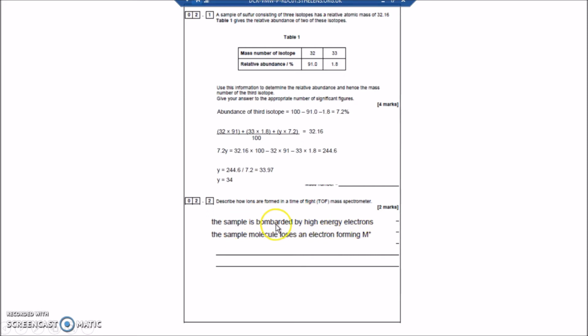So you hit the atoms in the sample with high energy electrons fired from an electron gun, and then the sample loses an electron, forming an ion or a particle with a plus charge. We've called the particle M here. But it's essentially a particle that's lost an electron and has a plus charge.